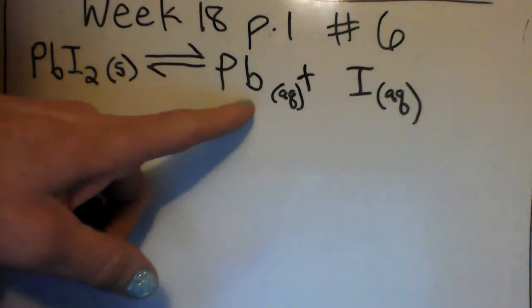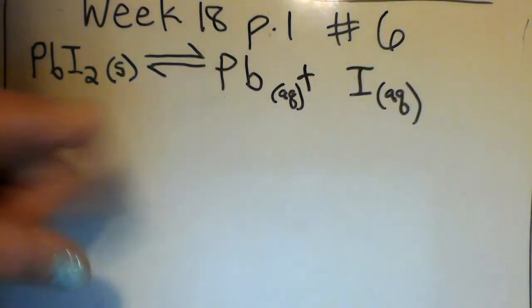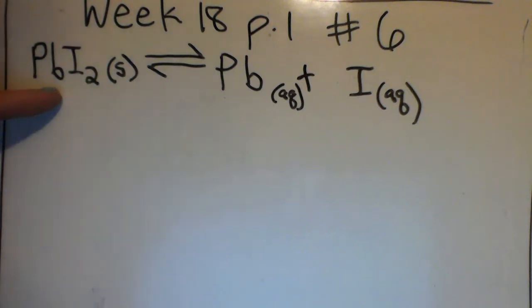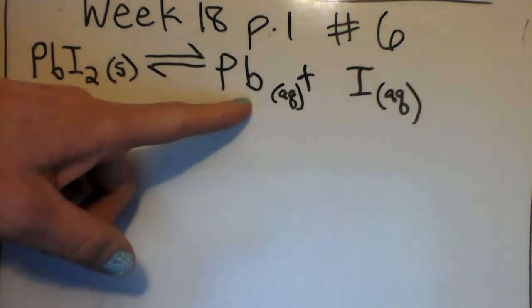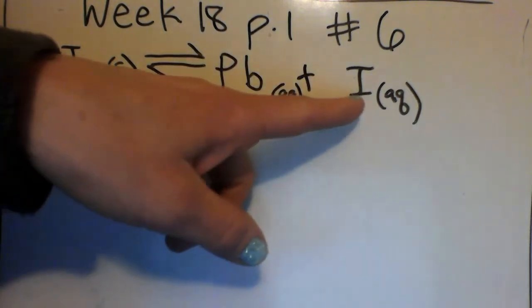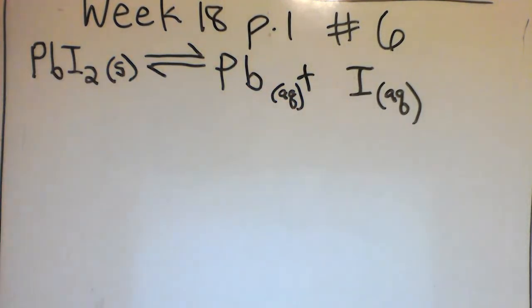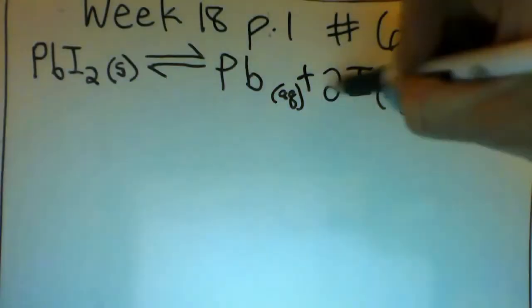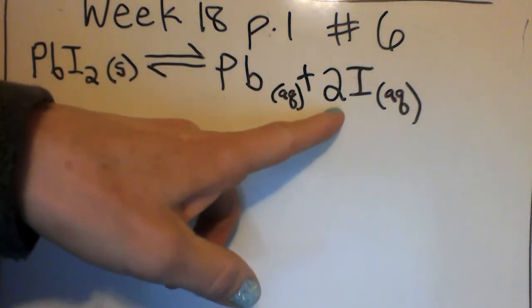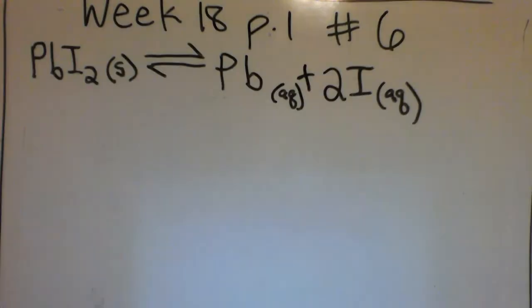So when we show it separate into solution, we have to show that for every molecule of lead iodide, we have 1 atom of lead and we have 2 atoms of iodine. We show that by placing a 2 as a coefficient in front of the iodine.